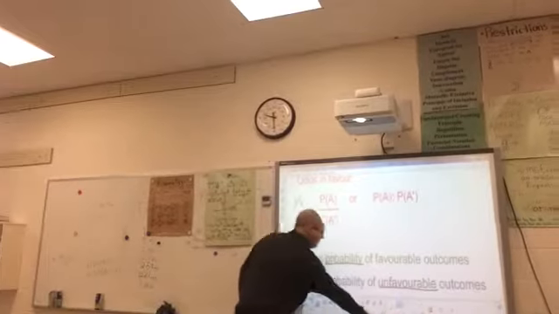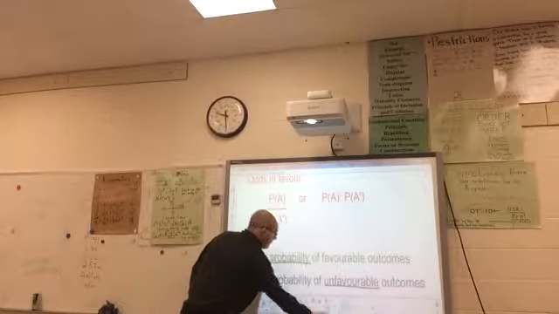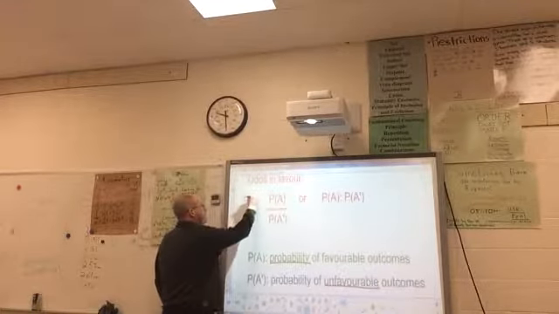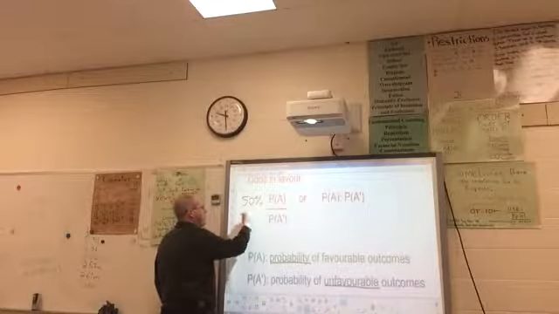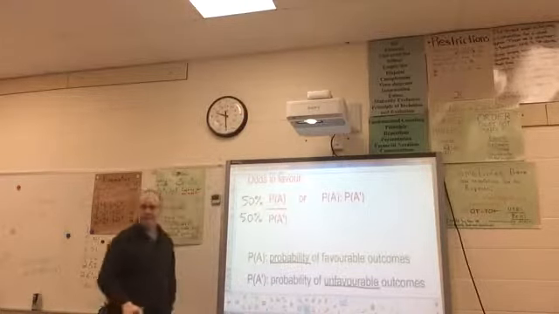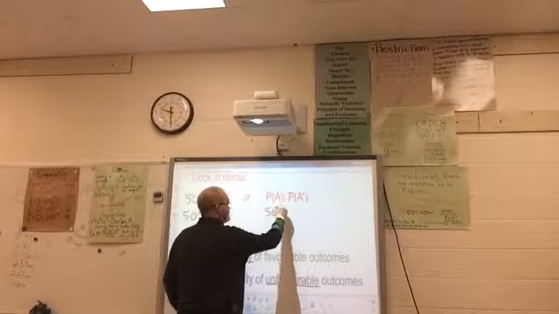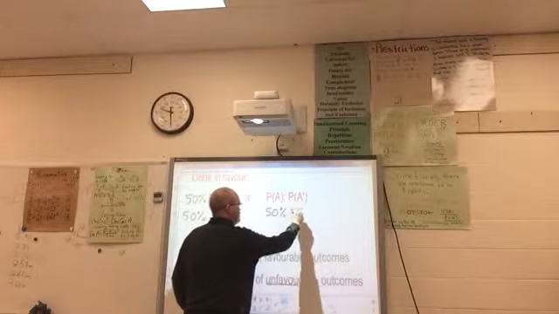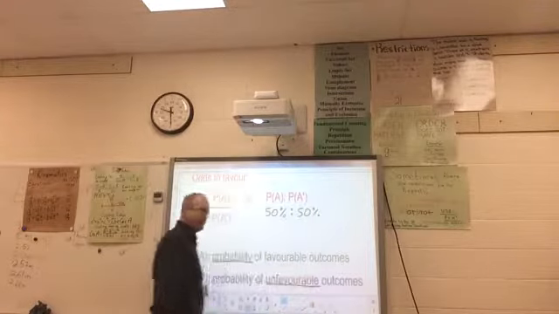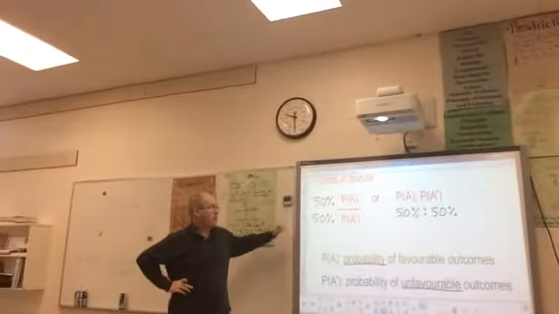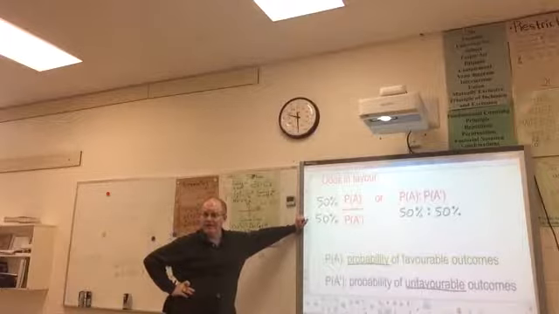Probability. Actually, no, sorry. Call that percentage. That'd be the easiest. 50% chance of getting a head, 50% chance of getting a tail. So we could write that as 50% to 50%.